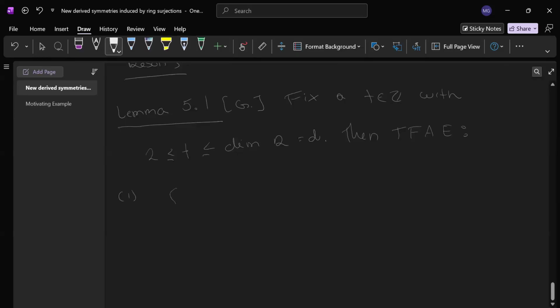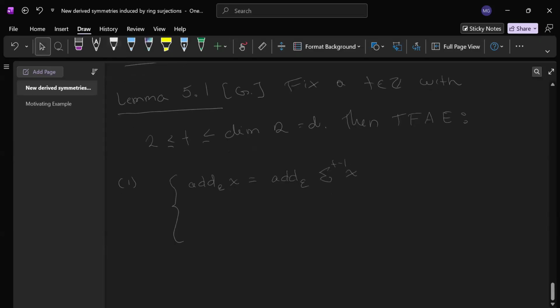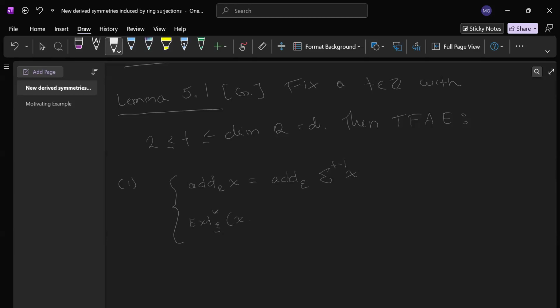So first of all, we assume two things. We assume that if we take the add of X in E, we would like that to be the same as the add of the suspension functor applied to X t minus 1 times in E. And we also assume that if we look at the Ext groups in the stable category of X and itself, then we'd like these Ext groups to vanish for all degrees between 0 and t minus 1.